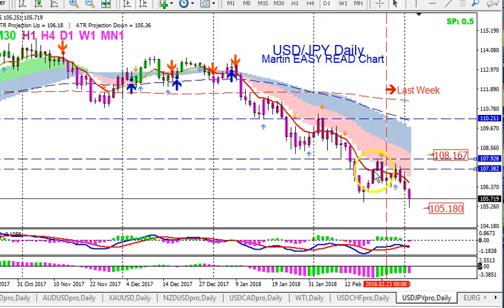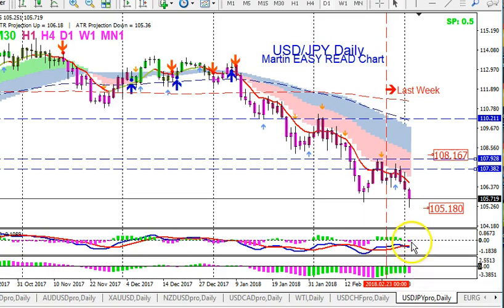Again, I've drawn in the two horizontal blue lines which act as resistance, so price would have to break the high of this previous high right there for us to even consider a buy trade. Take a look here. We have a momentum shift to the downside, okay, and the green bars turn pink.